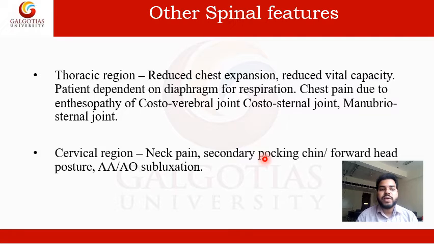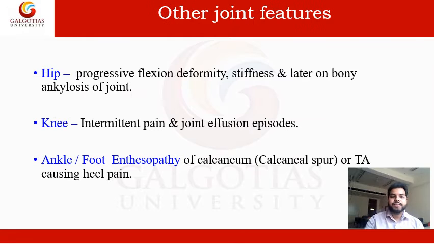Chest pain is due to enthesopathy of the costovertebral, costosternal, or manubriosternal joint. Cervical region: neck pain, secondary poking chin. Poking chin means forward head posture, or subluxation is there.